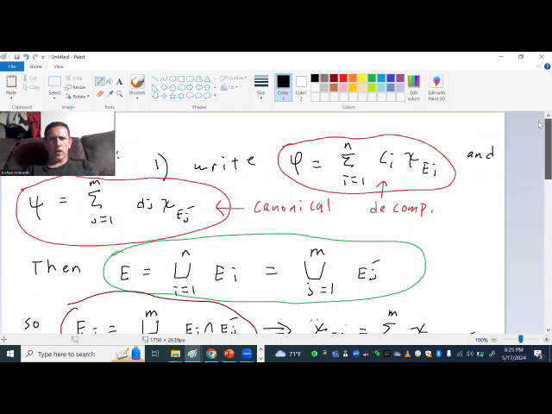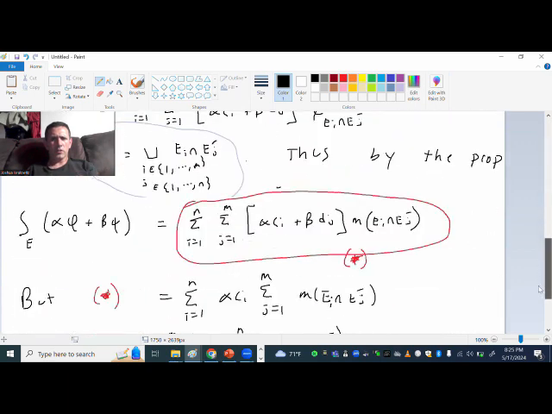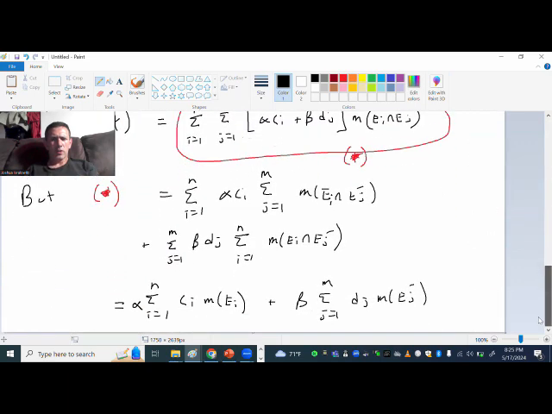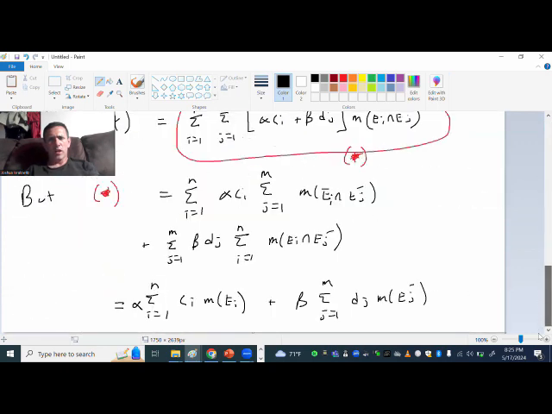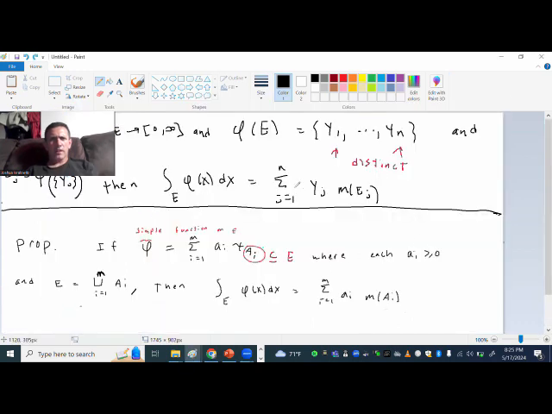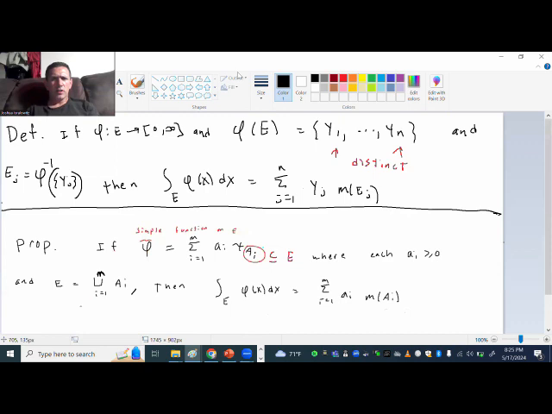And these are the canonical decompositions of my two functions, with the measure of E_i and the measure of E_j prime instead. But again, that is exactly the definition. These are my elements of the canonical decomposition of my simple function.